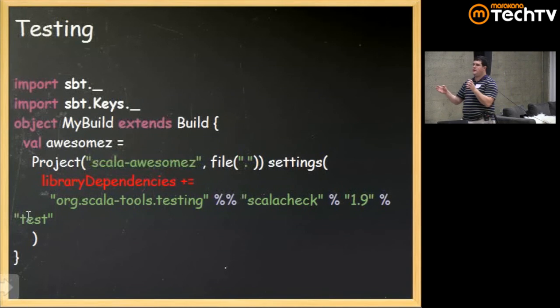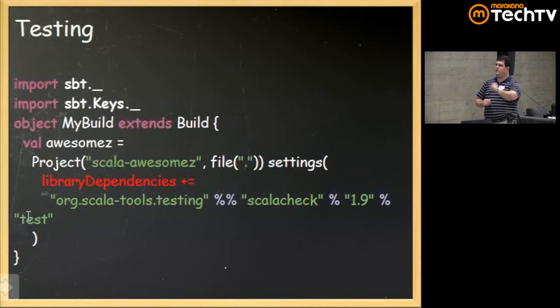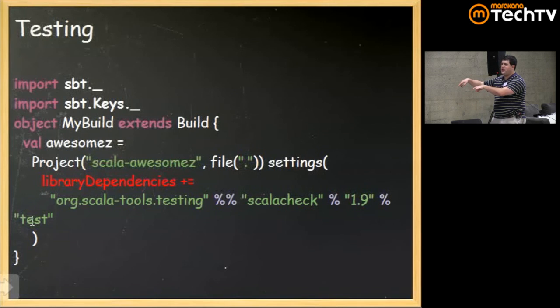So there is a correlation between configurations and library dependencies. And it's somewhat loose. So this test means when I run test compile, that library will be available. It will not be available when I run compile, right, for my production code. It will not be available when I run integration compile unless integration extends from test.